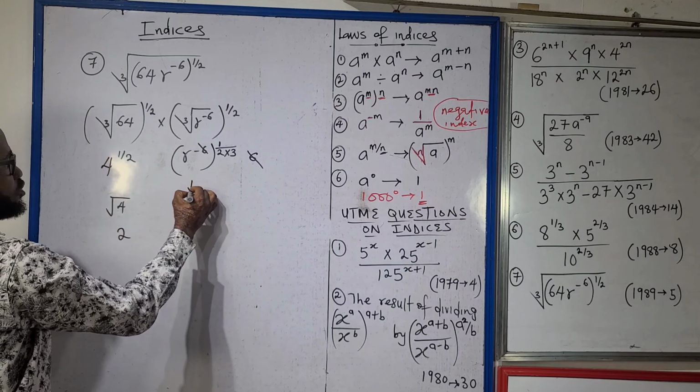Nothing special. It is just about staying with the rules and doing things the right way, knowing when to reverse what you have here. For me to have m plus n, that must have been a raised to power m times a raised to power n. So that ends that.